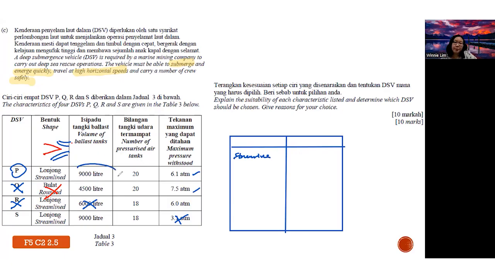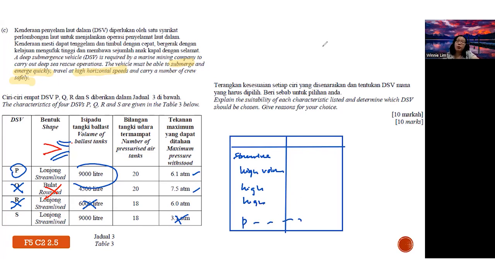Then again, for numbers, you don't give numbers. You just say the volume should be high. Number of tanks high or more. Then can withstand high pressure. So this is the way how you give it. And then lastly, only you choose, I choose P because P has one.